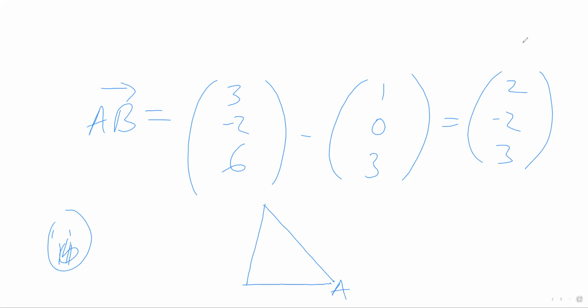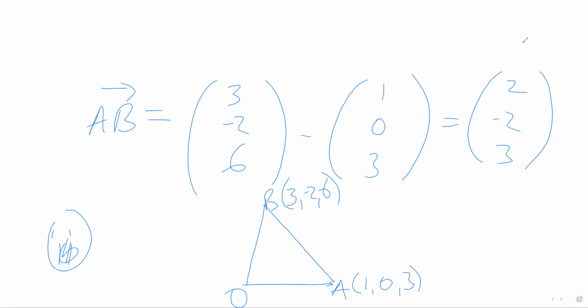This is A, this is B, and then we have O here. B we were given as 3, -2, 6. A we were given as 1, 0, 3.